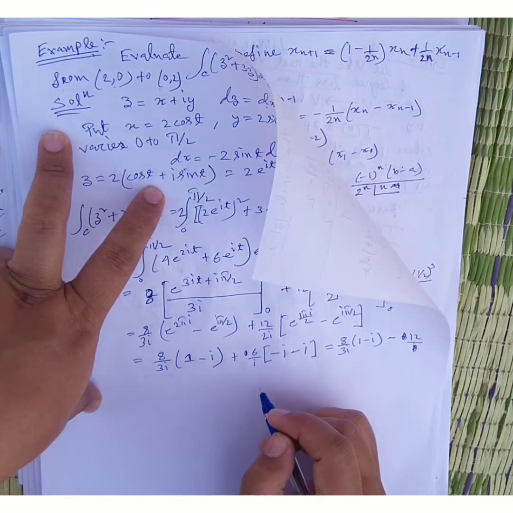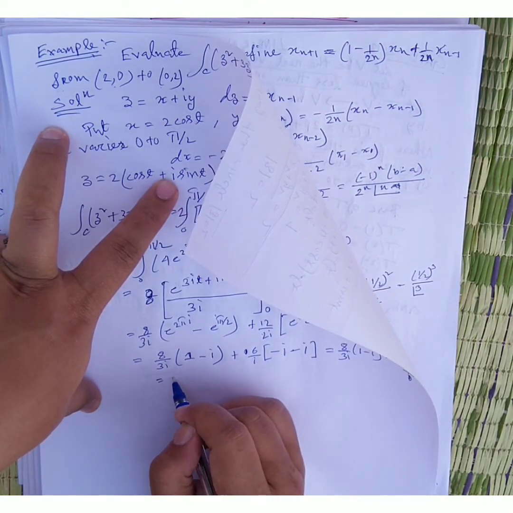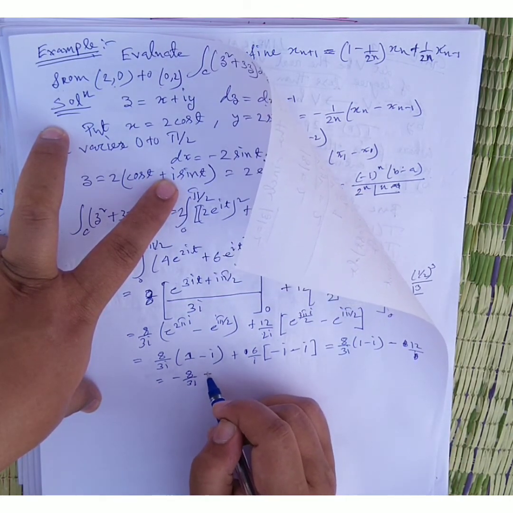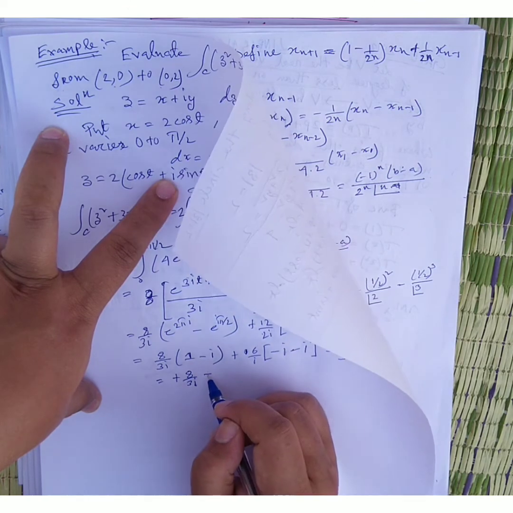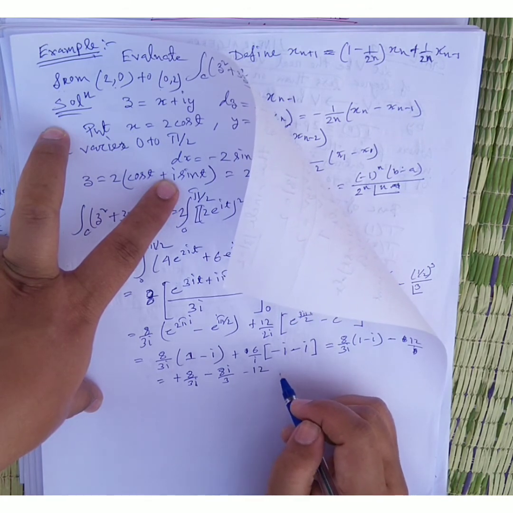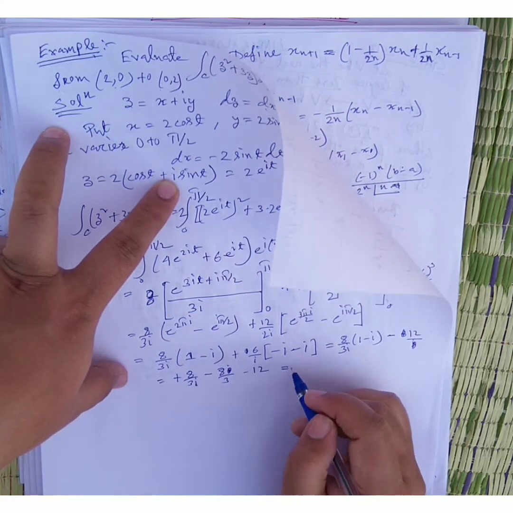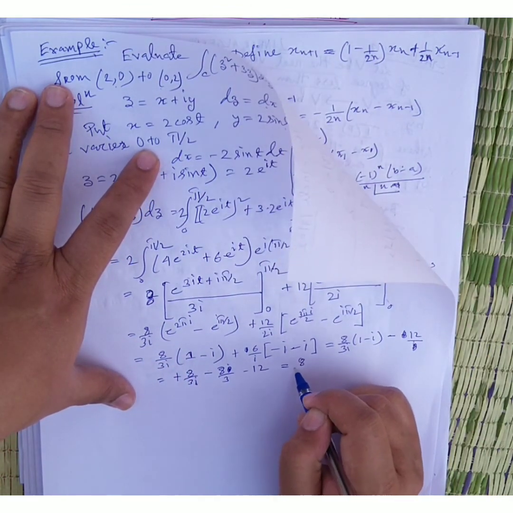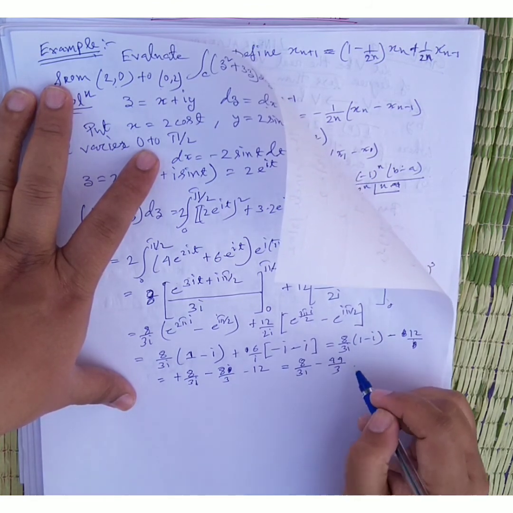So whatever I get is minus 8i divided by 3i minus 12, and the cancelled part, so it will be 8 divided by 3i and minus 44 divided by 3. My answer is this.